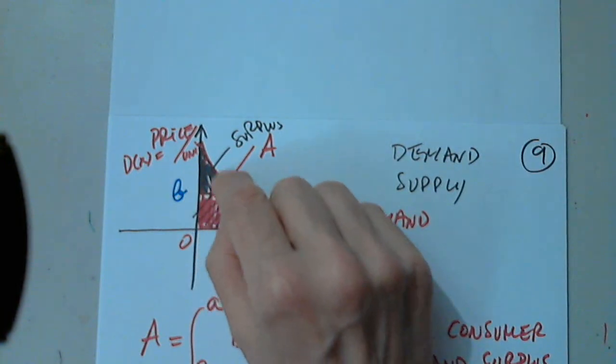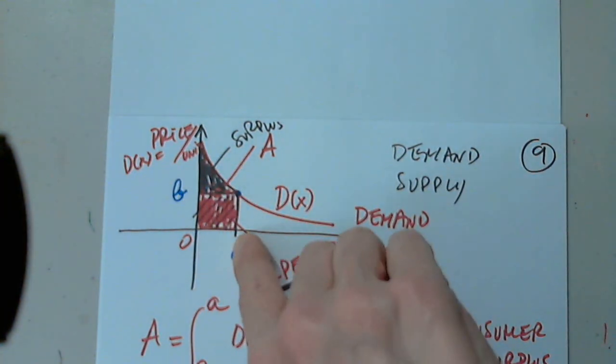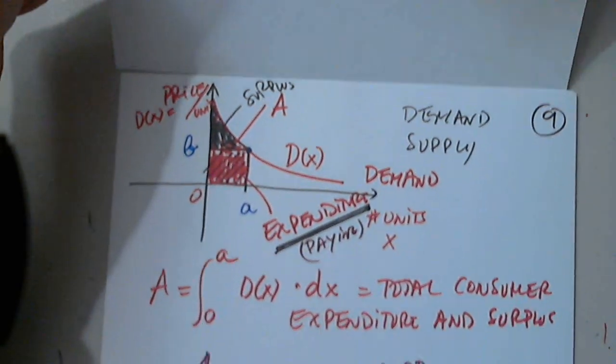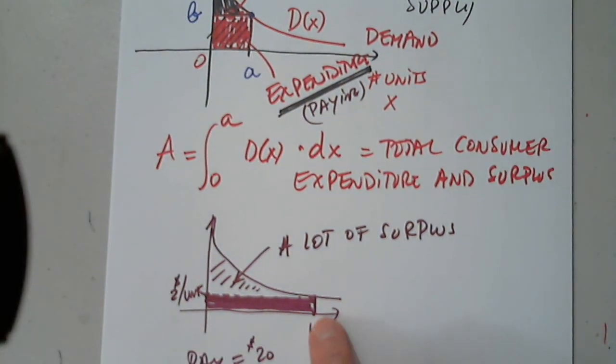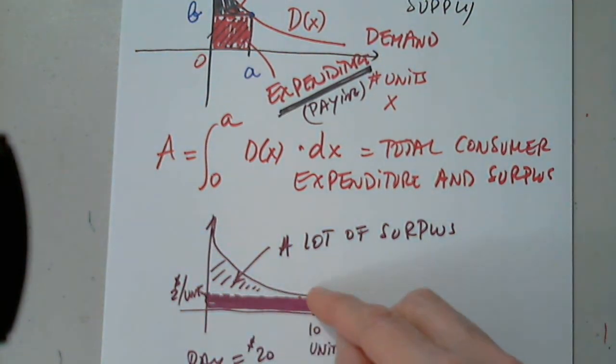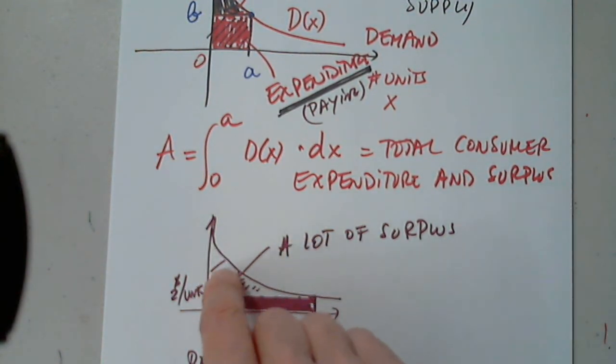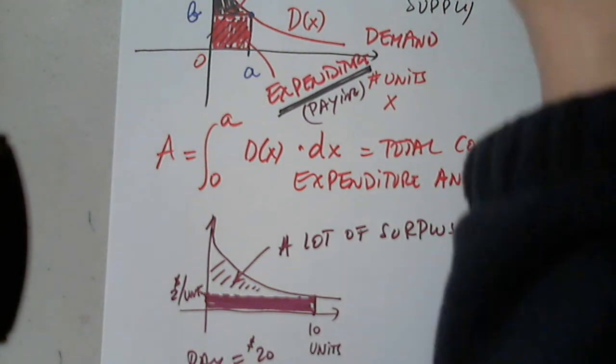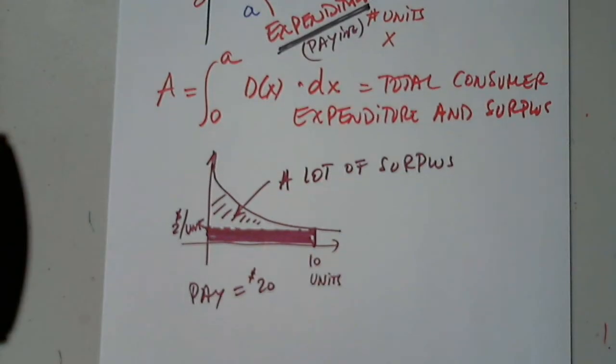Here, it's a smaller area because I only buy 3 units and the price is 3. But here, when I buy 10 units, the price drops and I have more to enjoy that I don't pay for. So we are interested in determining that consumer surplus.